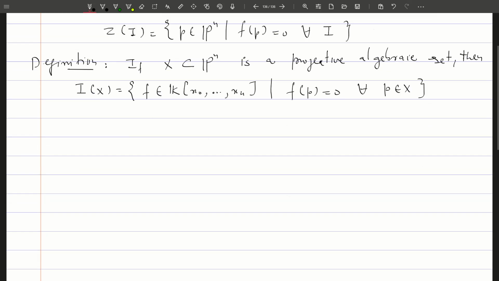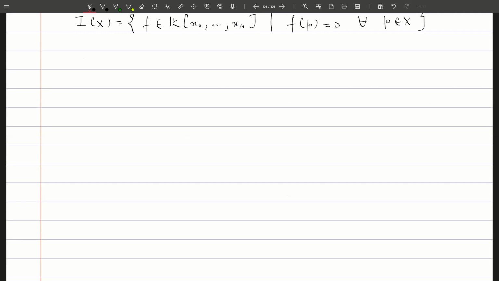So now finally we are going to introduce the Zariski topology on Pn. So we have a proposition here. Suppose this is the first item of the proposition.